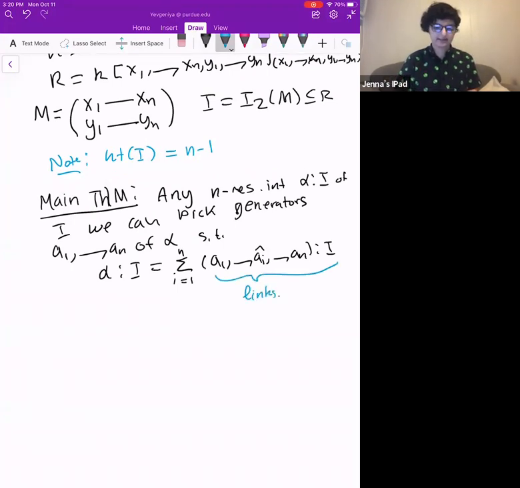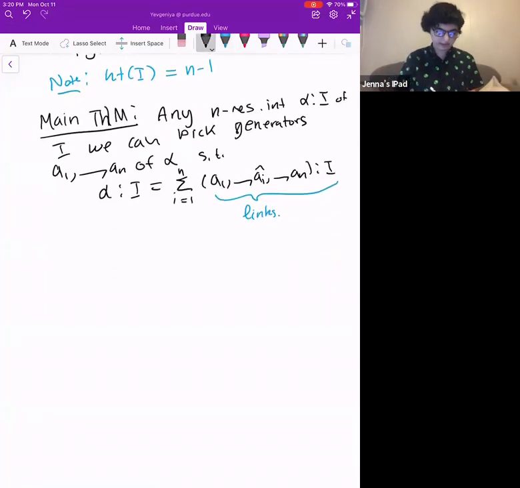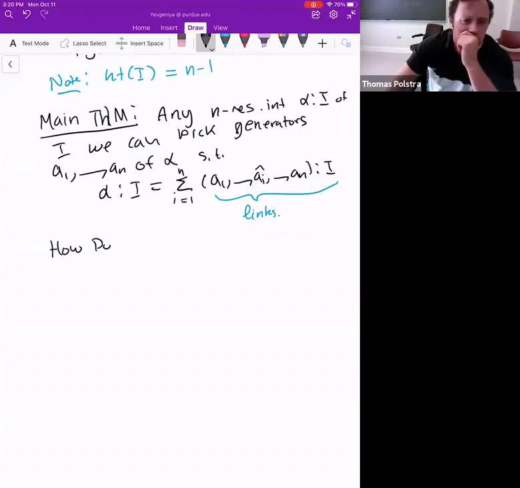So what we're saying is that we can write any n residual intersection of I as a sum of links. Now, how do we show this?